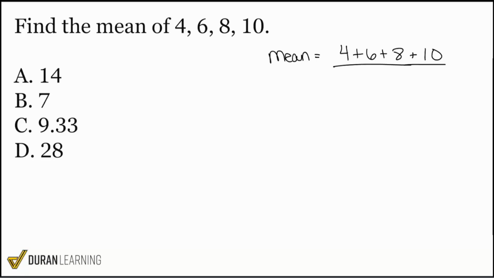And if you've been practicing the same number of numbers for a while, you might get tricked into just putting the last number that you thought of. But remember, you have to count them: 1, 2, 3, and 4. So we will divide by 4. So from here, my party people, we're going to go ahead and add these up.